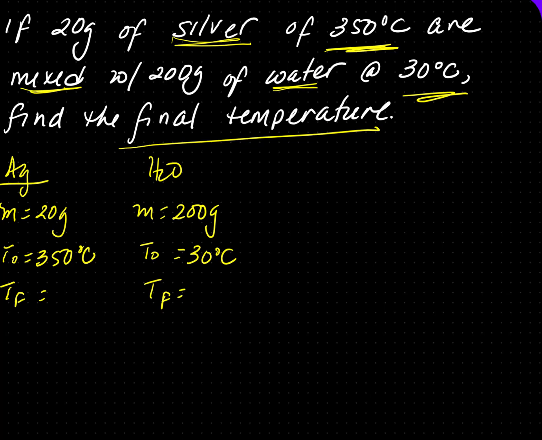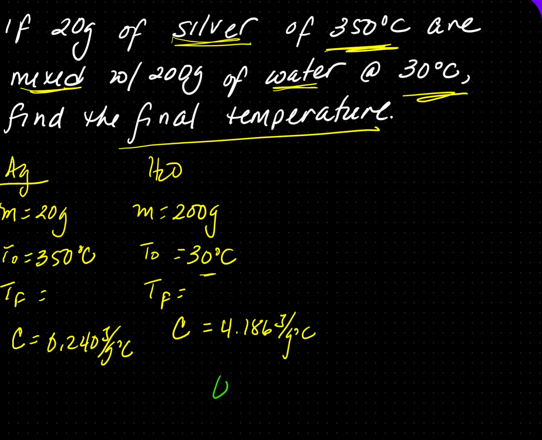That means we know the C of silver, which you could look up at your table, which is 0.240 joules per gram degrees Celsius. C of water, we know this is at liquid state because it's at 30 degrees Celsius, which is 4.186 joules per gram degrees Celsius.